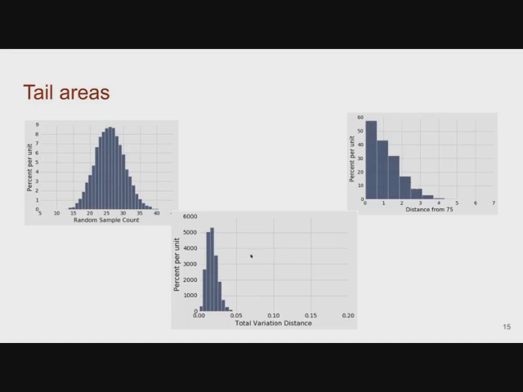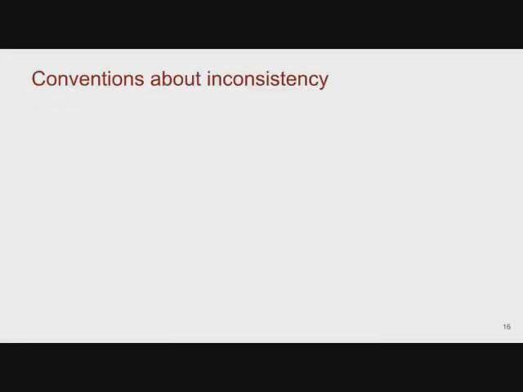And when we looked at the jury pool selections, again we used another distance metric, total variation distance, this TVD, and again the tail goes off to the right. We can use this to talk about whether our observation is consistent or inconsistent with our experiments.